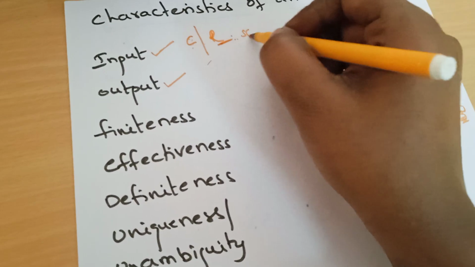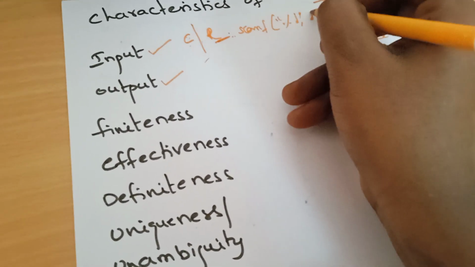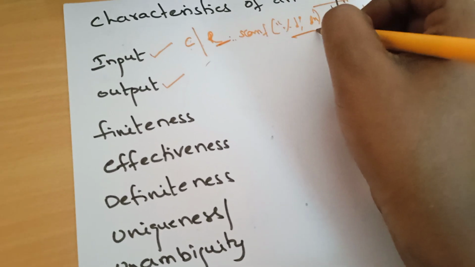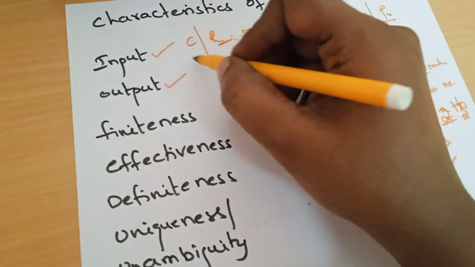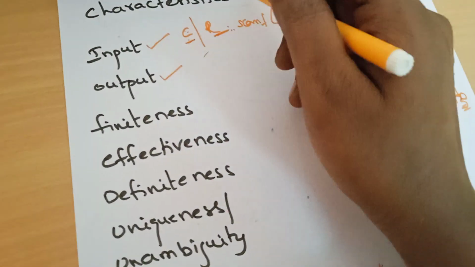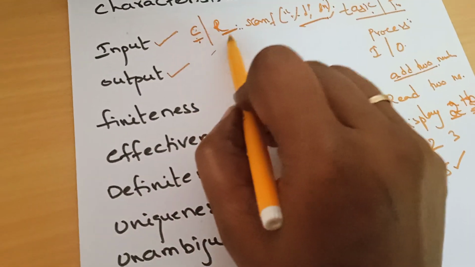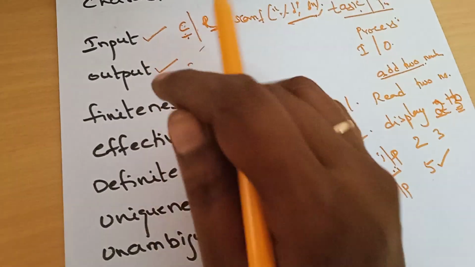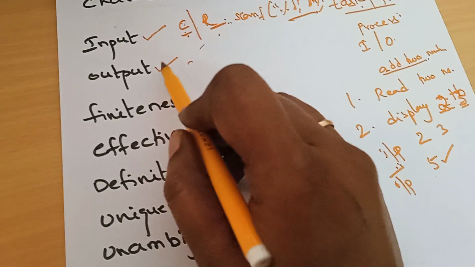When your algorithm has a scanf statement to read a value, that value is given at runtime. If the value is given in the program itself, it is a compile time value. So input will be given either from the program or at runtime, but there should be at least one output.